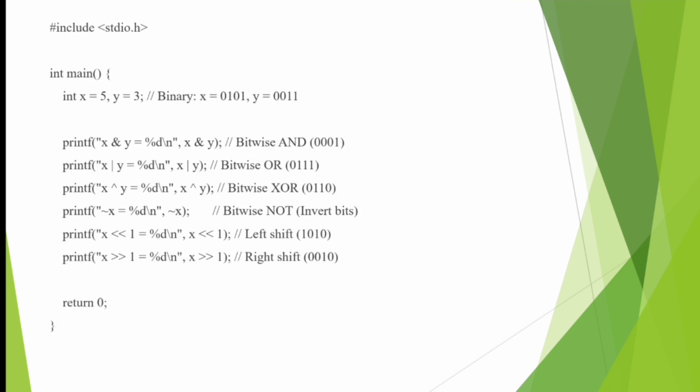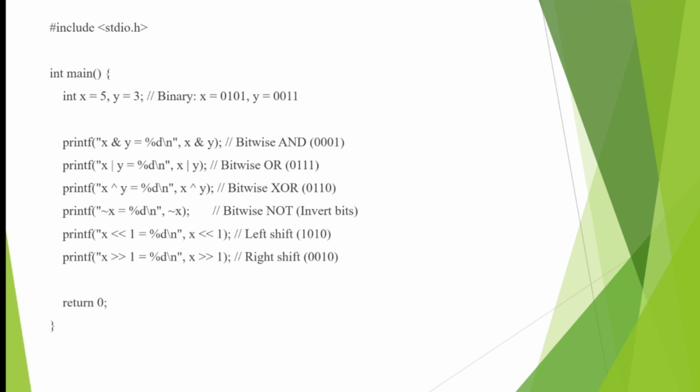So here is an example program for bitwise operations. Here we are declaring x equal to 5 and y equal to 3. The binary value of x equal to 5 is 0101 and the binary value of 3 is 0011. In the first printf we are using bitwise AND. First it will check 0101 and then y, 0011.